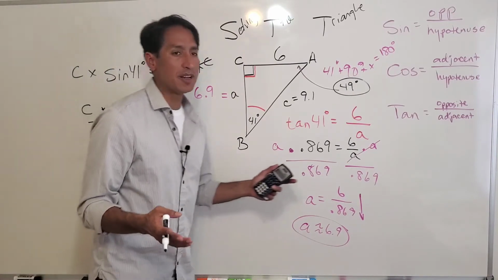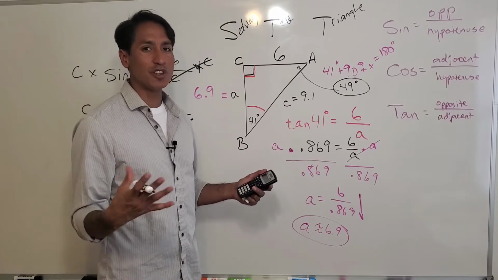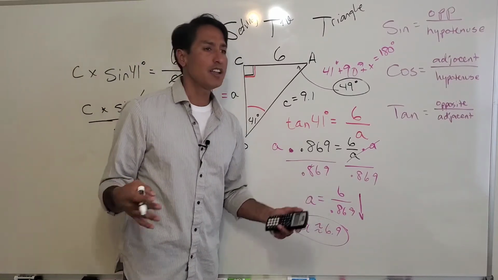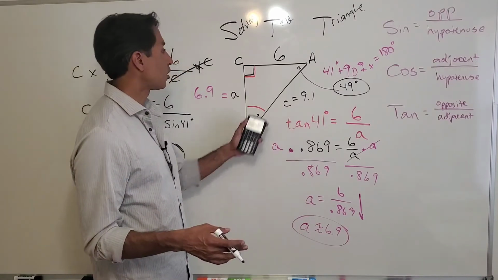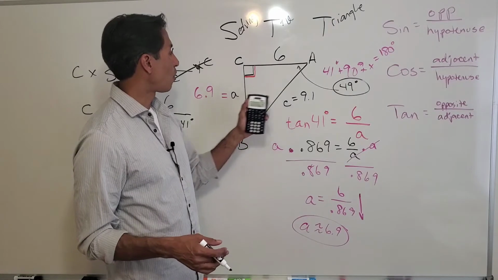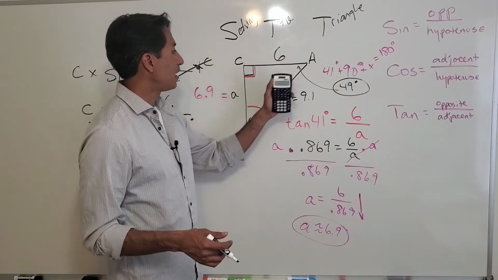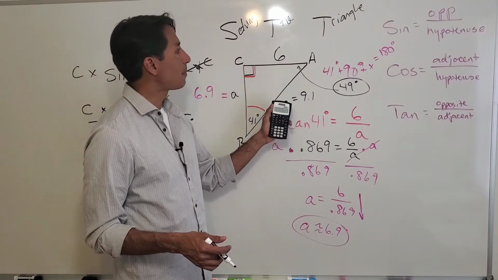So you might notice I didn't even use the 49, but that's okay. They just want you to do this by solving. They want to make sure you understand how to get the angles and how to get the lengths. So I could have solved for A by doing sine 49, but I don't know the hypotenuse, so I can't.